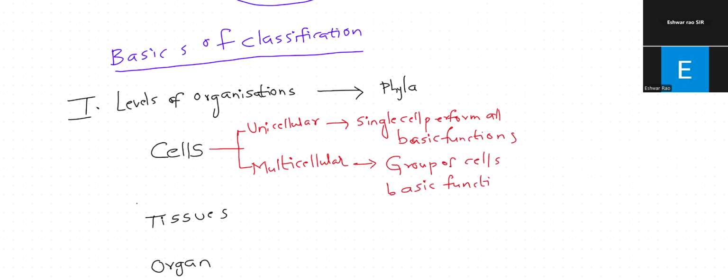Now, in zoology, initially unicellular animals were included under kingdom Animalia, like amoeba, right? Amoeba is unicellular, but it has not been included under the animal kingdom. It has been placed under kingdom Protista. Like this, Paramecium and amoeba are included under kingdom Protista.